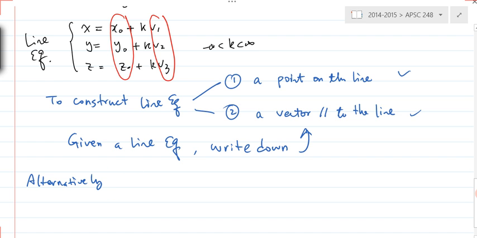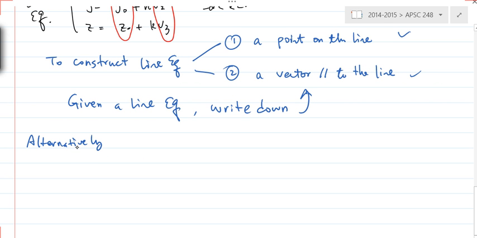I'm not going to define a point, I'm going to define a vector. And this vector is x naught, y naught, z naught. And I'm going to define v as v1, v2, v3.